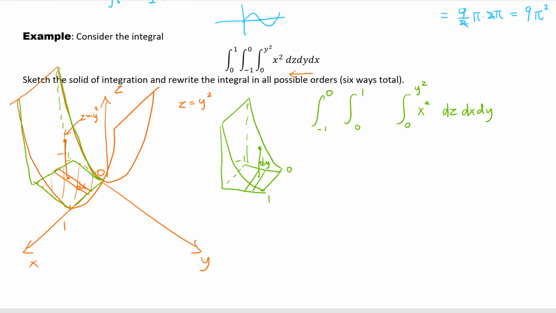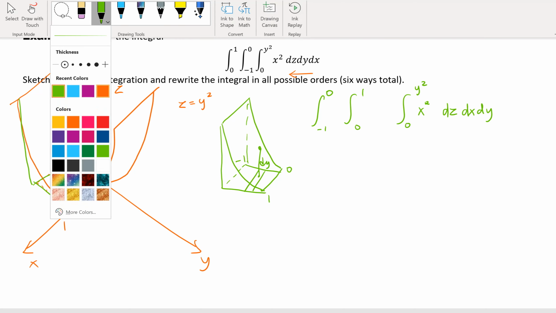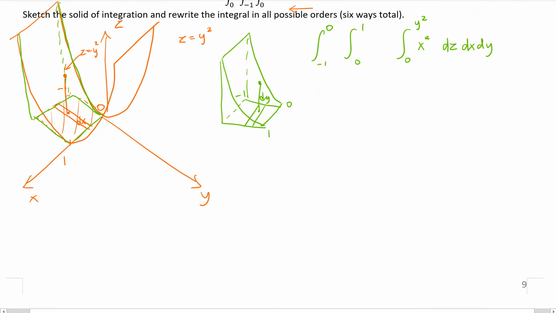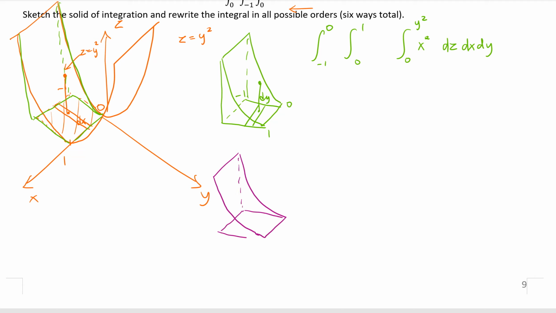Okay, then let's continue. Let me use a different color. How about purple? Let me draw this guy again. So let's change the order.